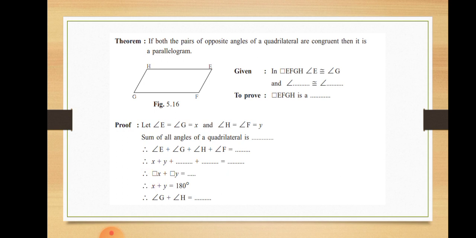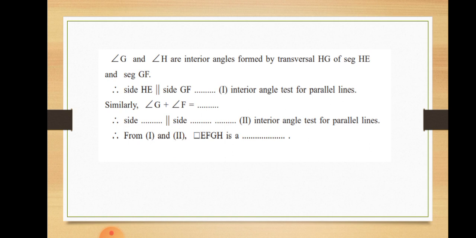So angle G plus angle H equals how much? 180 degrees. Now angle G and H are the interior angles formed by the transversal HG of segment HE and segment GF. Now here side HE is parallel with the side GF, that is the interior angle test of parallel lines.